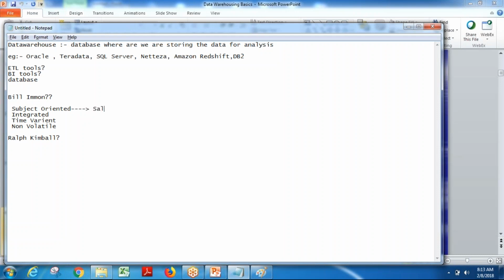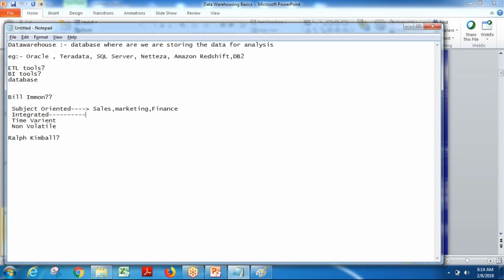Whatever data is related to the sales department, we store in a separate set of tables. Whatever data is related to the marketing department, we store in separate tables. Whatever data is related to the finance department, we store in a separate set of tables. Since you are categorizing the data according to each topic or department, we call the data warehouse a subject oriented system.